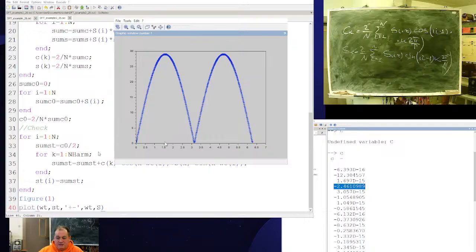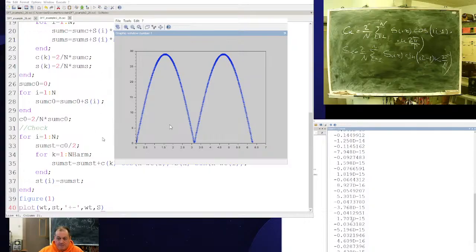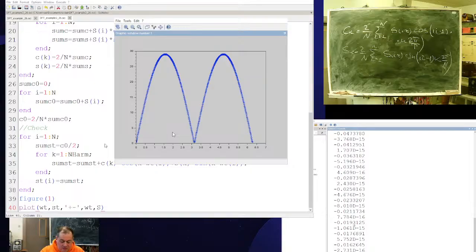Here are cosine values, AC. My DC component, and no sine, because I start from 0. Okay, I can work with this.